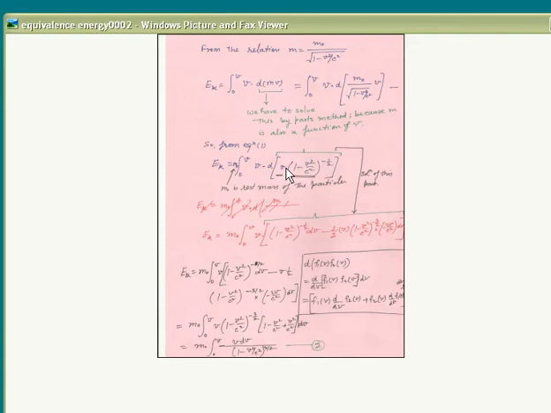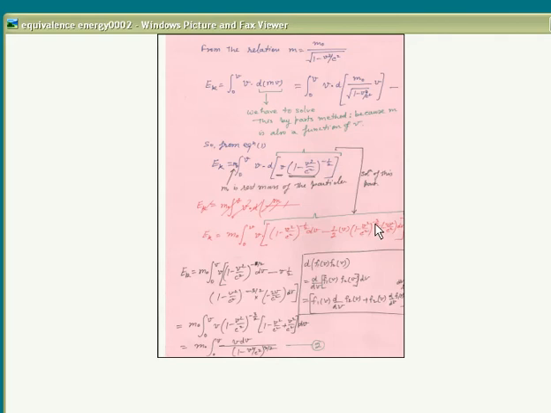And the differentiation of this term dv: minus this factor, minus 1 by 2, into 1 minus v square upon c square raised to the power minus 3 by 2. Differentiation of x to the n is n x to the n minus 1, so minus 1 by 2 minus 1 after differentiation becomes minus 3 by 2.